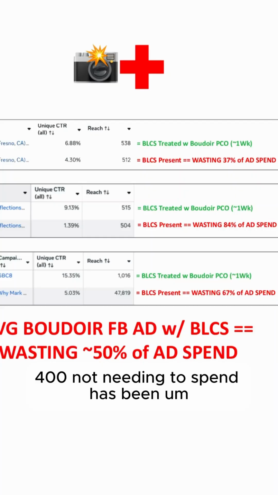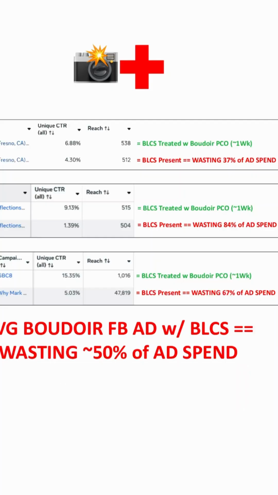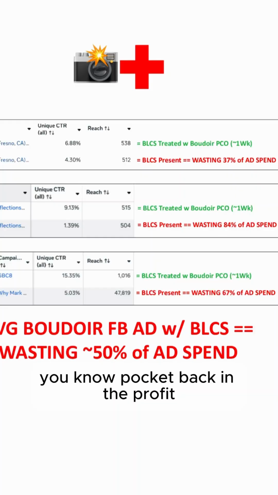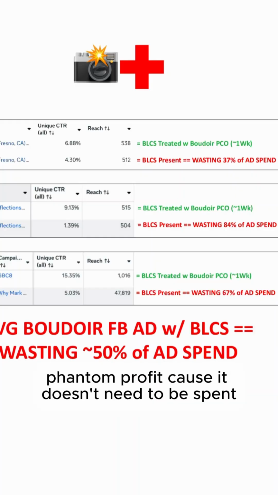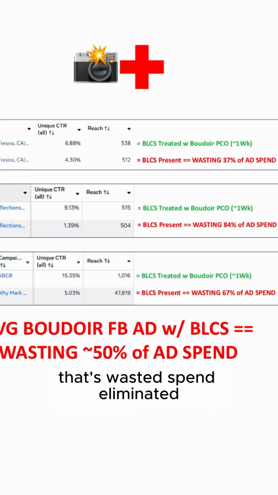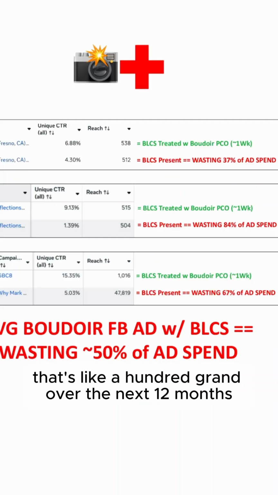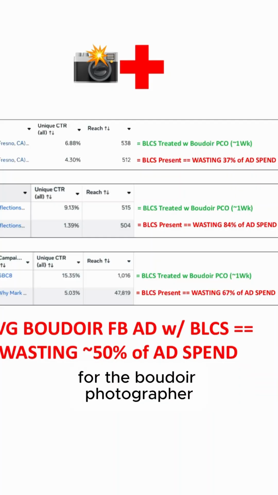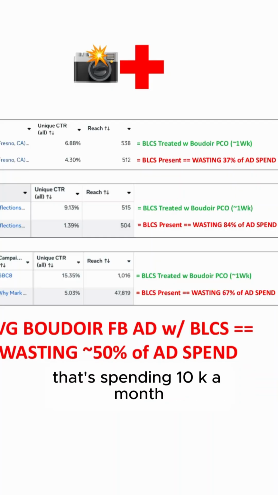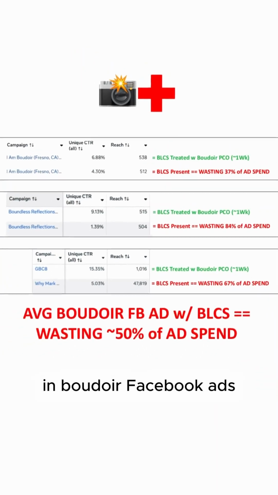So 8,400 not needing to spend is pocketed back in the phantom profit because it doesn't need to be spent. That's wasted spend eliminated. That's like 100 grand over the next 12 months for the boudoir photographer that's spending 10K a month in boudoir Facebook ads.